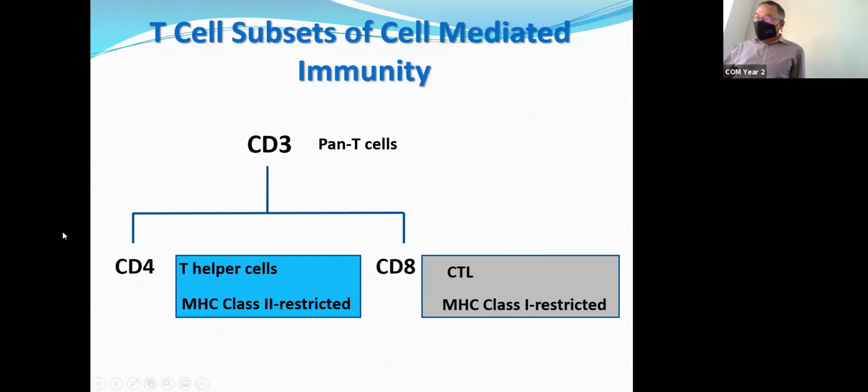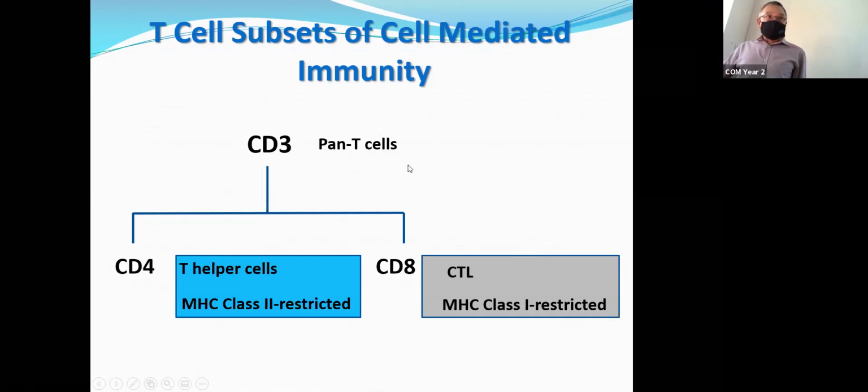Within this classification, all T cells we recognize through their expression of the surface molecule called CD3.